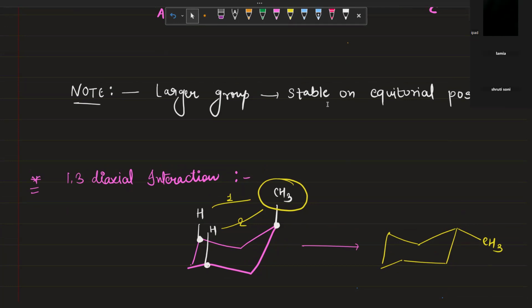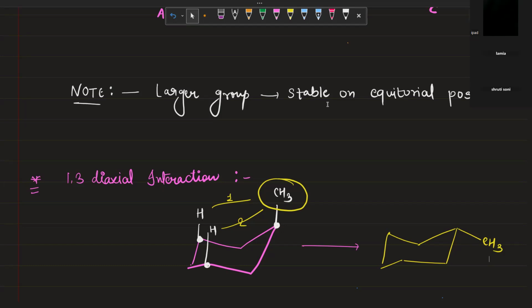The chair form of cyclohexane is a practical thing. We discovered that cyclohexane is present in this chair form. Then in chair form also the groups are present on the equatorial, not on axial. So that is also a practical thing. We discovered that, and on the basis of that discovery, we assume that 1,3-diaxial interaction can be possible.